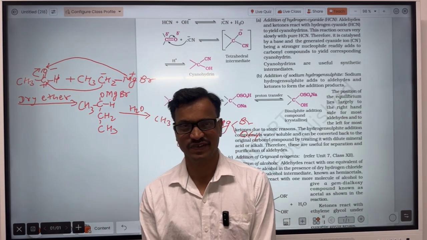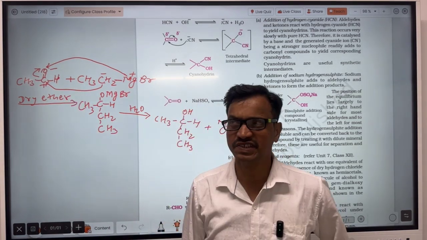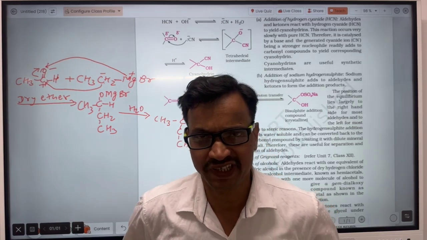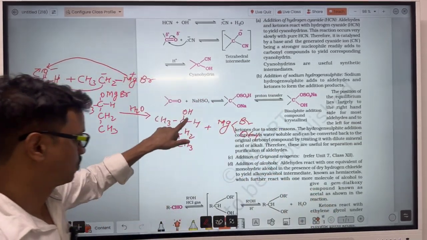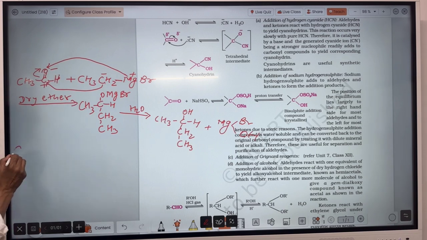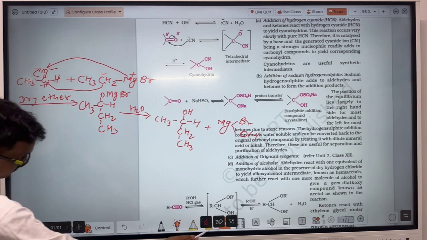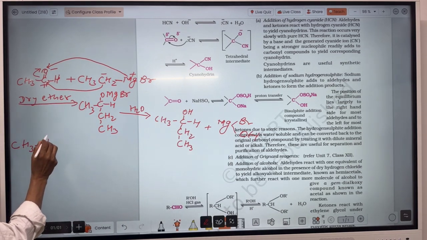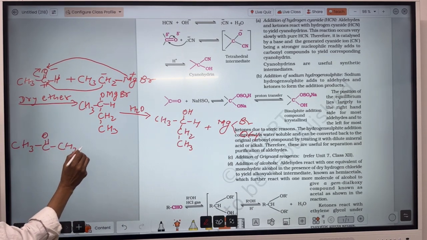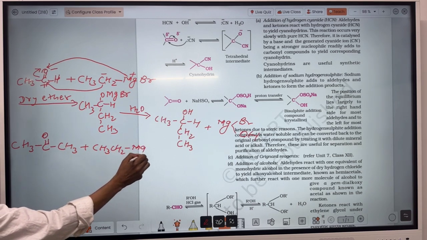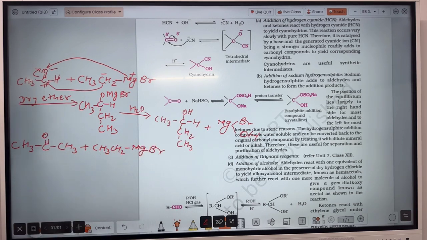So what you have watched, that when an aldehyde other than formaldehyde has been taken, then 2 degree alcohol forms. And let's see, when we take a ketone, that reacts with the same type of Grignard reagent we are taking everywhere.